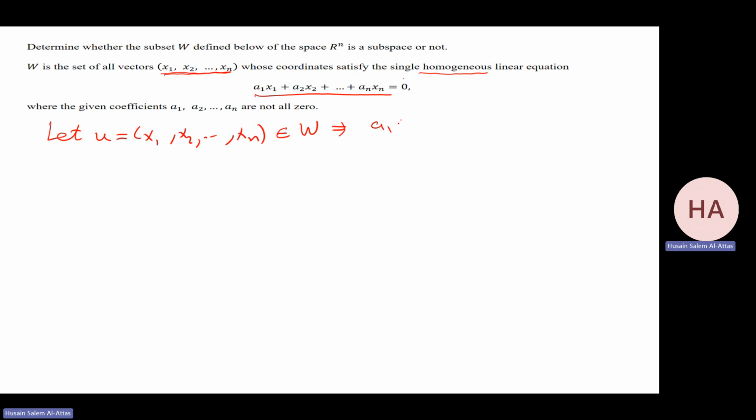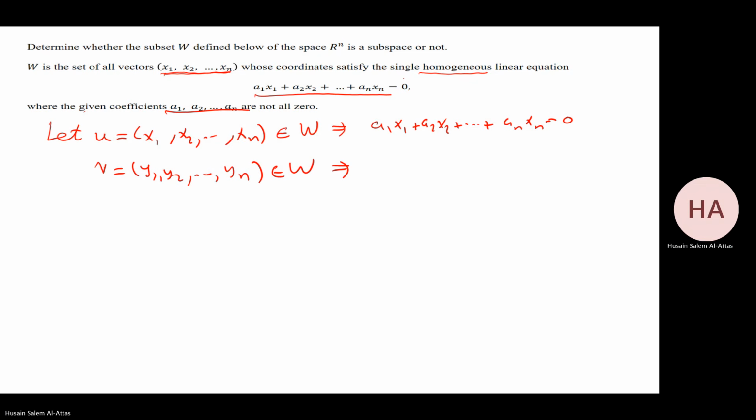So a1x1 plus a2x2 plus up to anxn equals 0. By the way, the a's are fixed. Now, if v, y1, y2, up to yn, belongs to W, it also satisfies the condition. So we have a1y1 plus a2y2 plus up to anyn equal to 0.